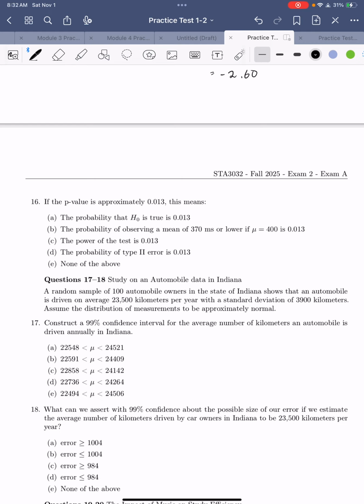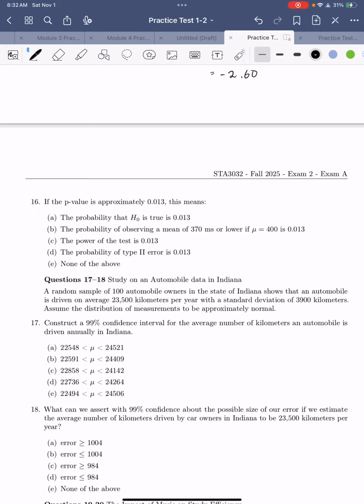You can't really say that it has a probability of being true since it's either true or it's not. So we can say that this answer choice is false. It is a little bit confusing with the wording, but it isn't the probability that it's true, it's only the probability of seeing our results while it's true.